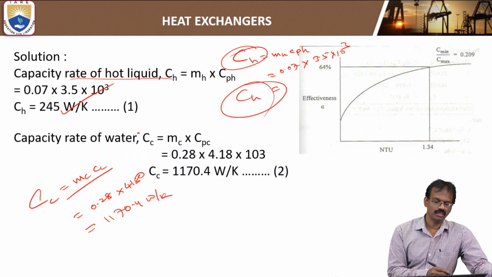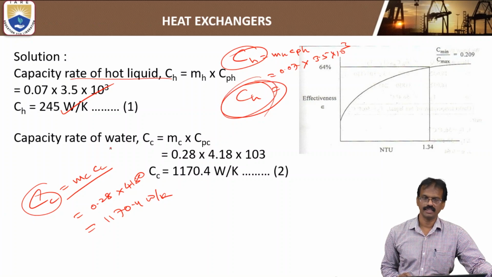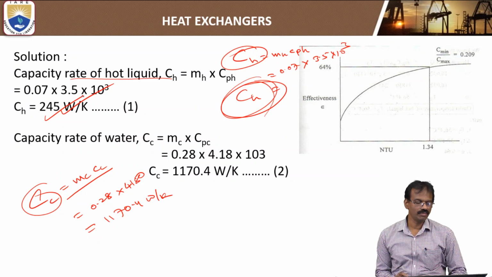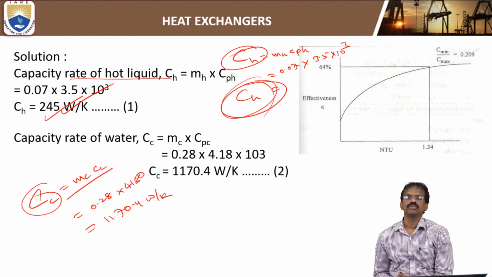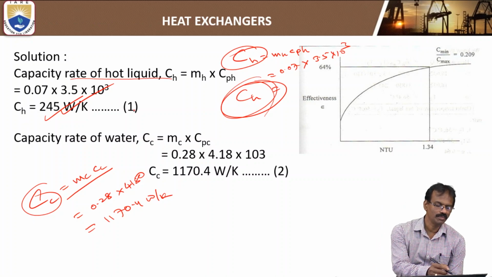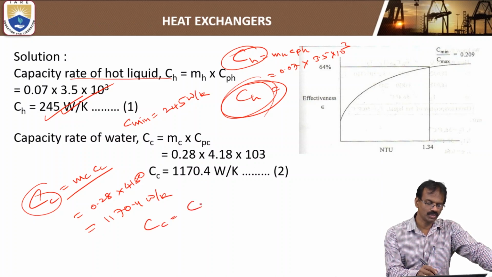If you compare CH and CC, CH is less than CC, because CH is 245 only, but CC is 1170. So CH is the minimum, which you can represent as C minimum. C minimum is equal to 245 watt per Kelvin, and CC is C max, that is 1170 watt per Kelvin.